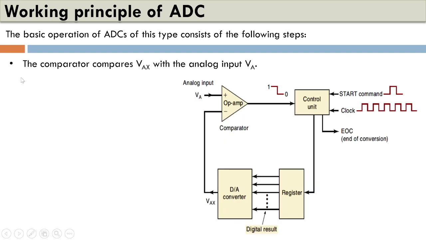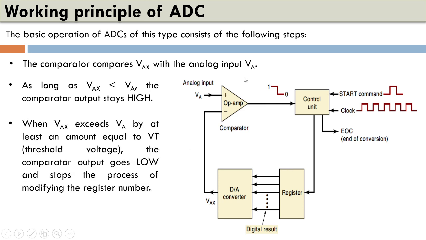The comparator will continuously compare with the analog input voltage, and as long as the output of the digital to analog converter is less than VA, the comparator output stays high. So, when the comparator output stays high, the control unit will keep incrementing the digital bits inside the register till it is equivalent to the input unknown voltage.